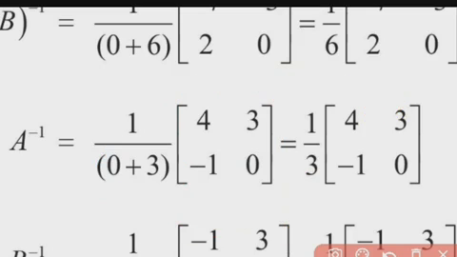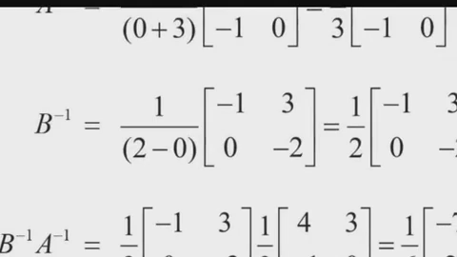Next, by the same method, we are going to find the B inverse value.